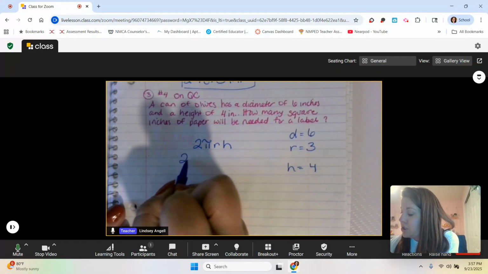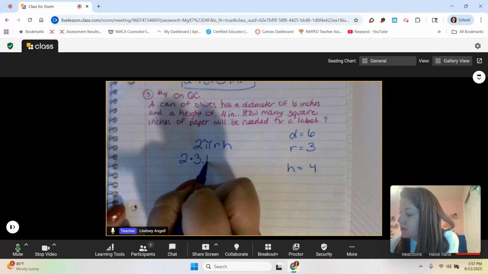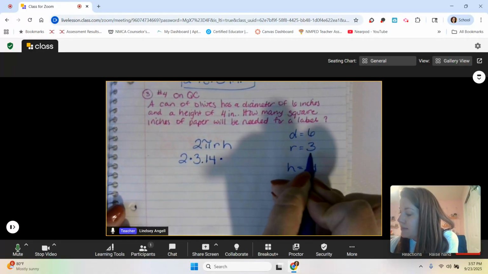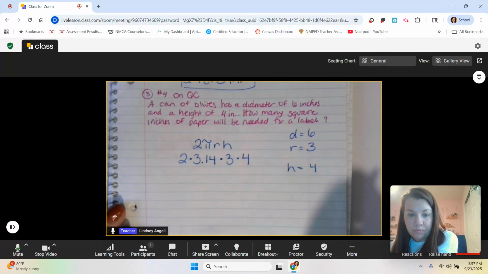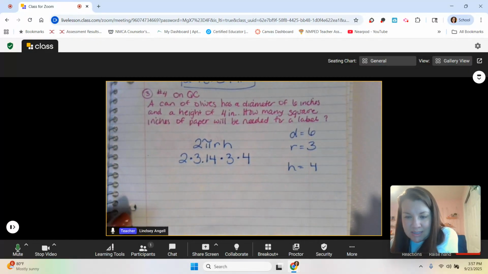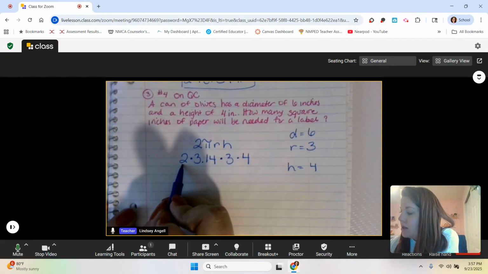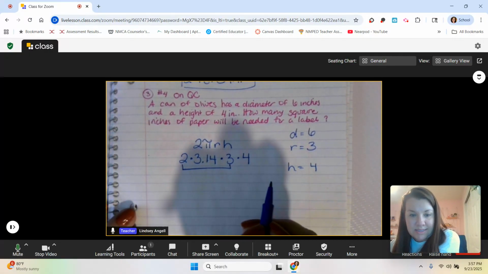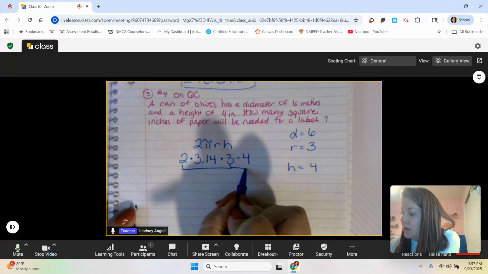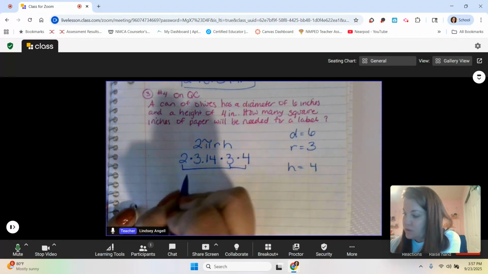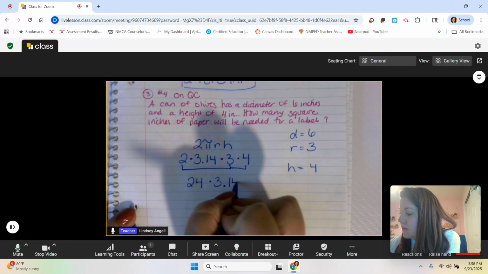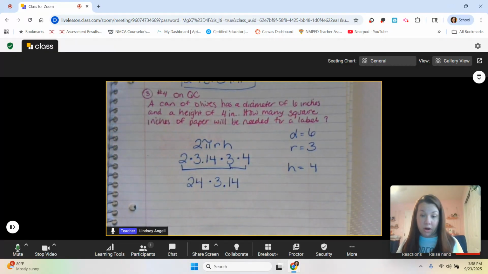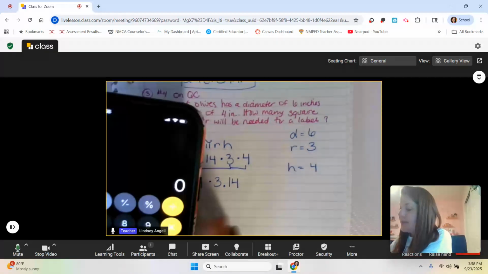So I've got 2, and then pi, we're going to use 3.14 times the radius, which is 3, times the height, which is 4. Well, once again, there's some of this math that I can do. Well, I know that 2 times 3 is 6. 6 times 4 is 24. So really what we're doing is 24 times 3.14.